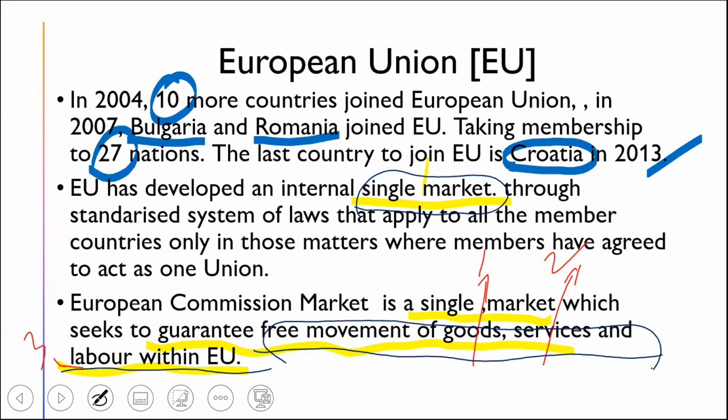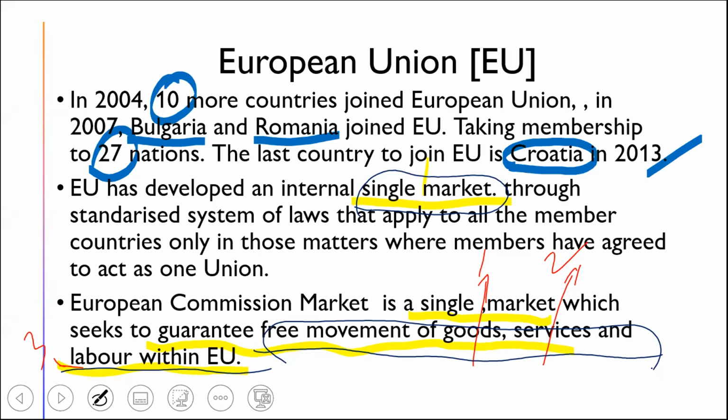Why? What is the advantage of such a union? Did you ever think why we are giving so much emphasis to the European Union? Because it is the biggest economic integration in the world, and trade becomes very flourishing.